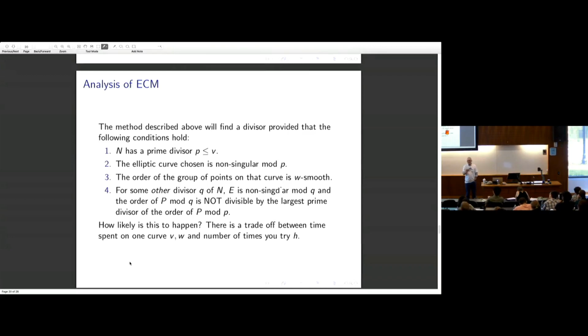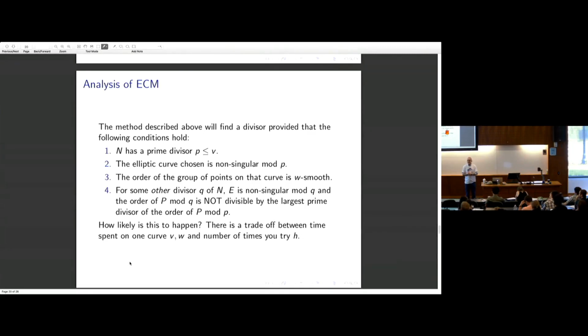You don't want it to happen by bad luck that the kp that gets you 0 in one factor also happens to get you 0 in the other factor. So ideally, you'd like the orders of these two groups to be relatively prime, or at least to have the largest prime factor of one be different from the largest prime factor of the other. That's an extremely unlikely event to happen in practice, but nevertheless you have to avoid it.